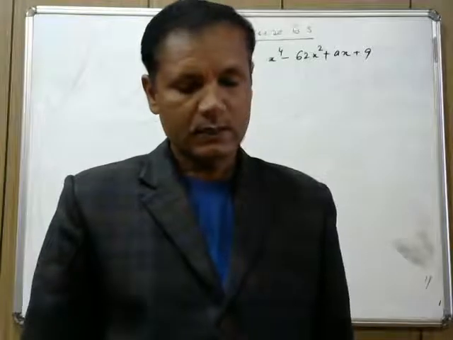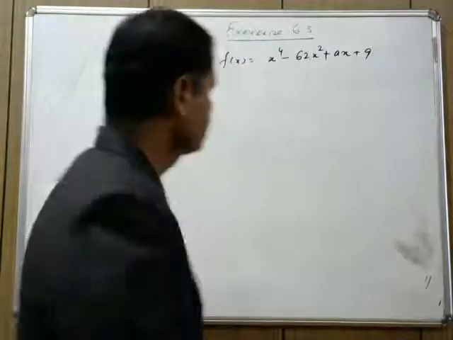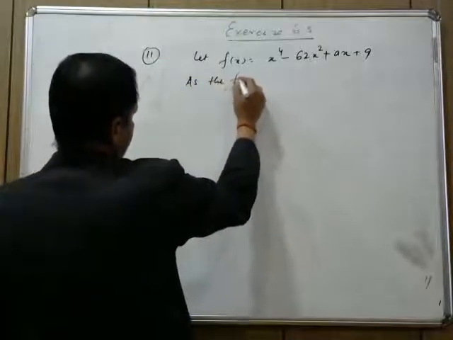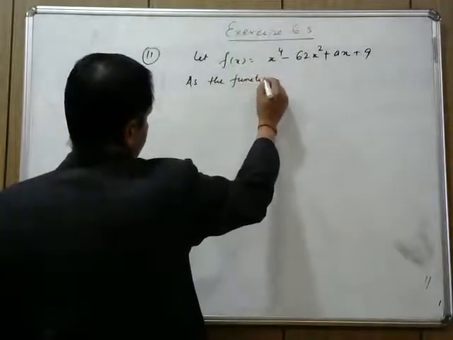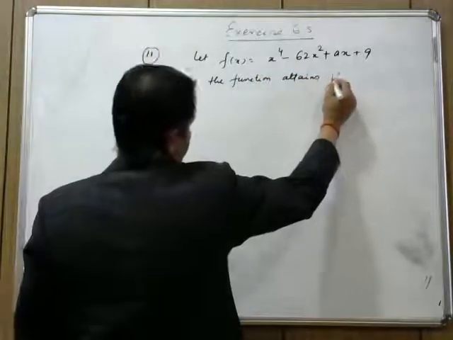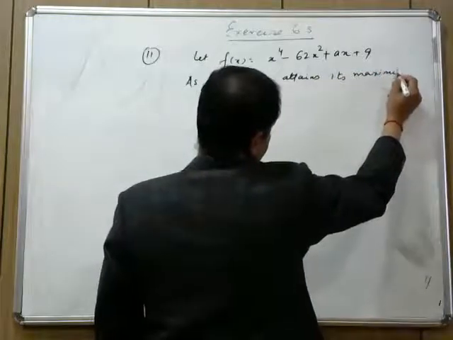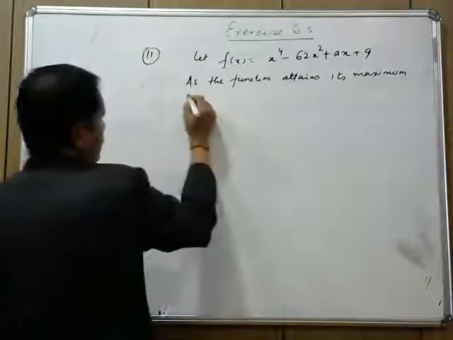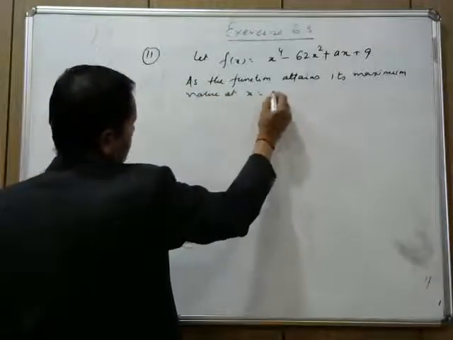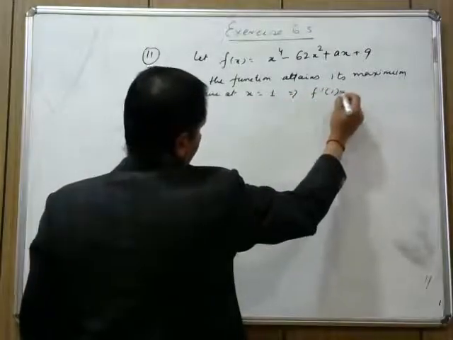As the function attains its maximum value at x is equal to 1, it implies that f dash of 1 equal to 0.